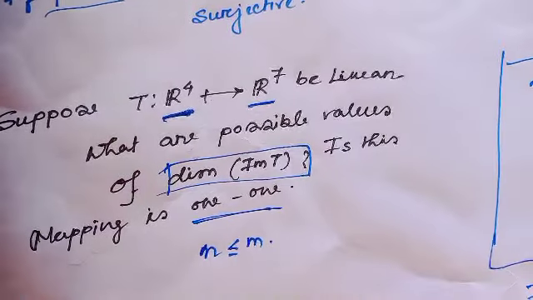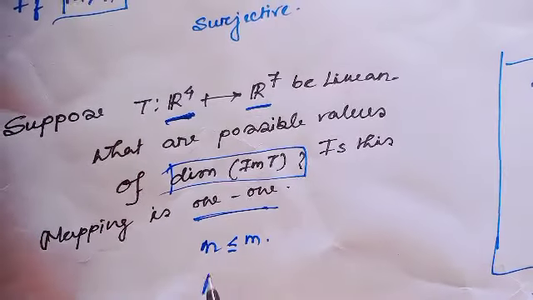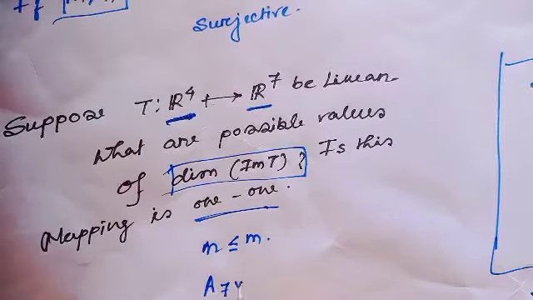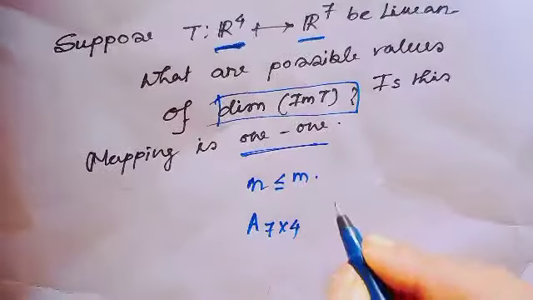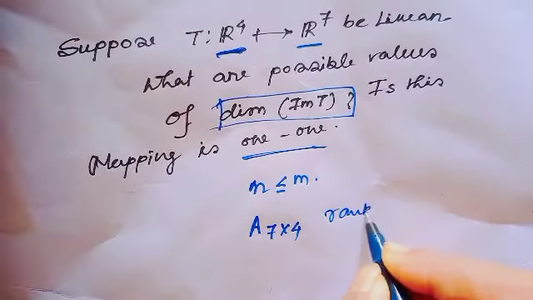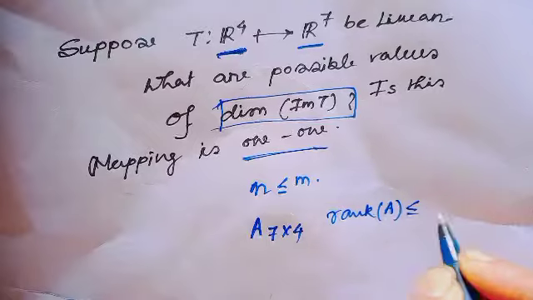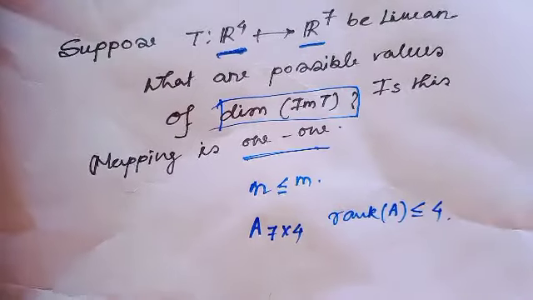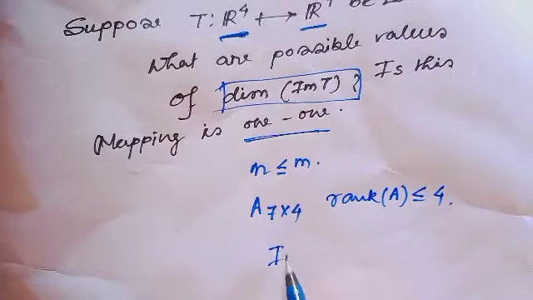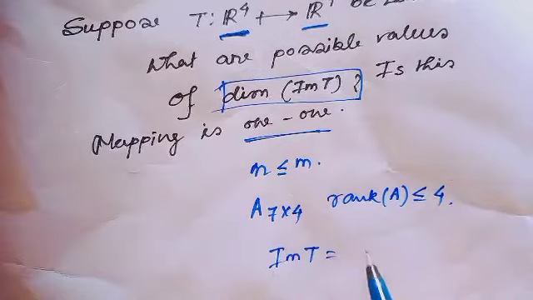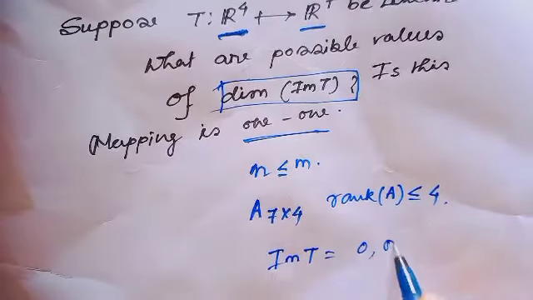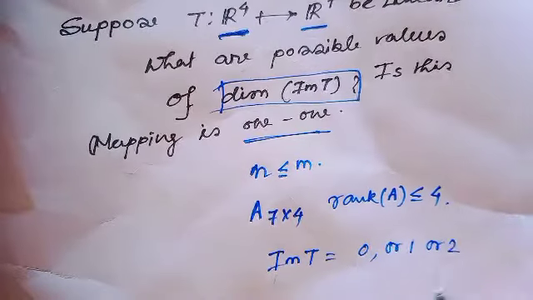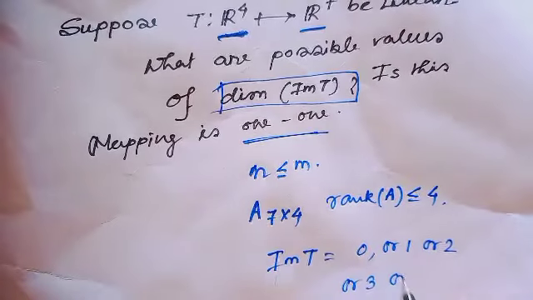That means there exists a matrix A of size 7 cross 4. That implies rank of A is less than or equal to 4. That means the possibility of the dimension of image T would be either 0, 1, 2, 3 or 4.